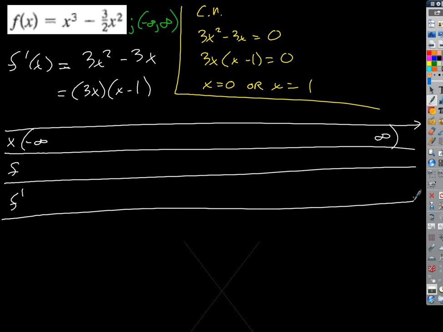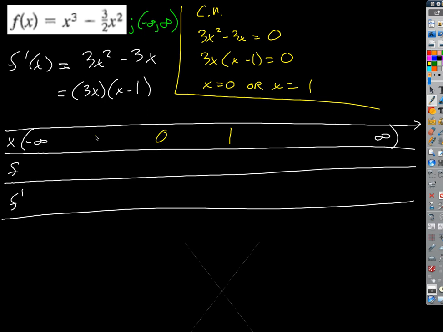Okay, so now we're going to start to add some interesting things. So we had some critical numbers, right? The critical numbers were at 0 and 1. What's going on with those critical numbers in row 3? 0, right? Because we're just evaluating. Row 2 is the value of the function. Row 3 is the value of the derivative for these particular values of x, right?